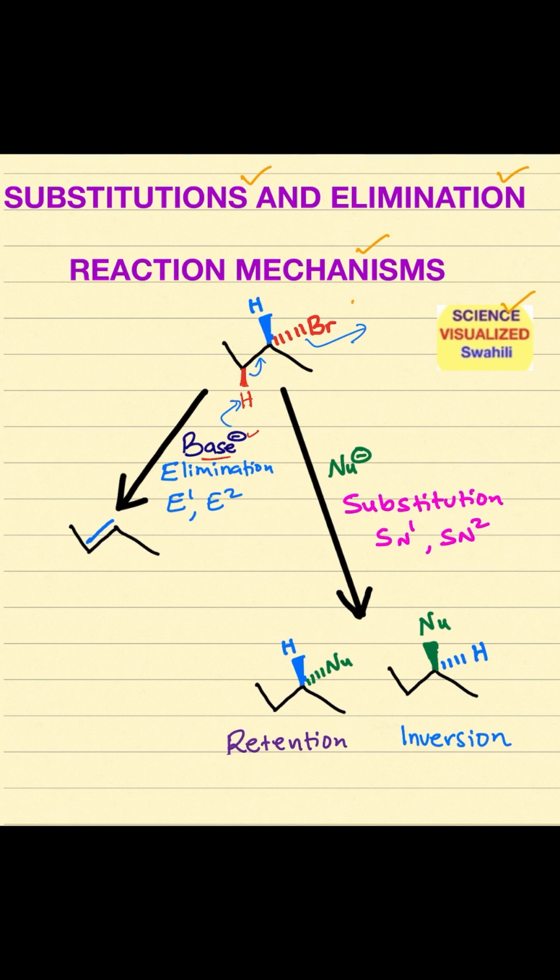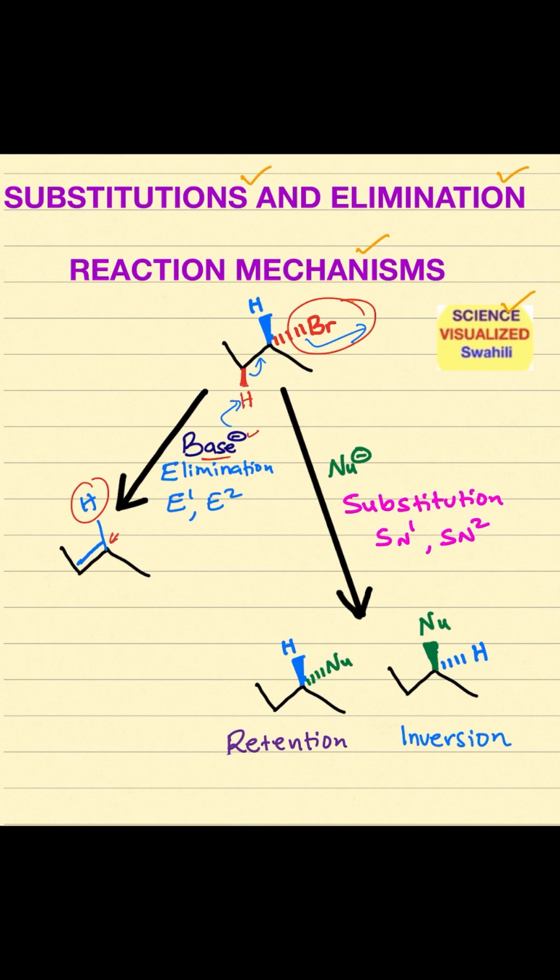And as a result, you end up with a double bond in this position. So you get this as the product with a double bond there. So after you lose the leaving group, you end up only with the hydrogen on that carbon. So that gives an alkene product.